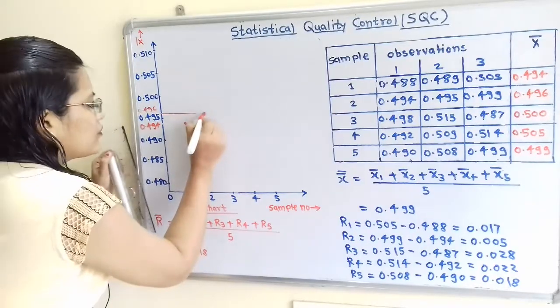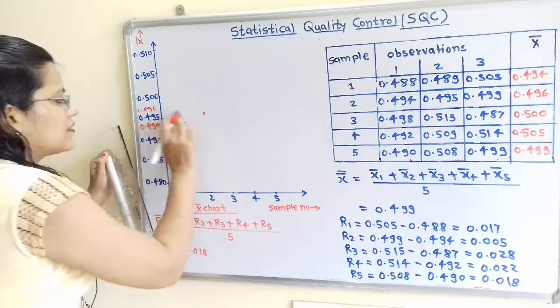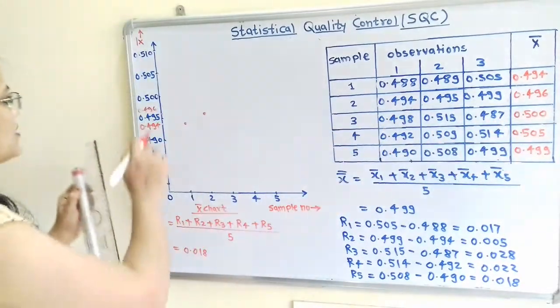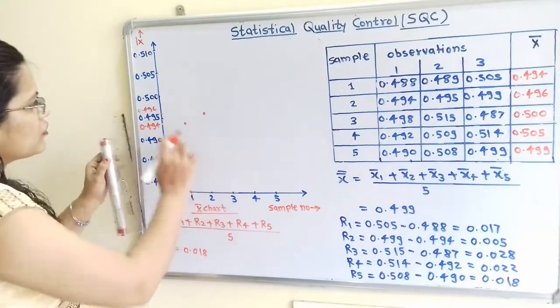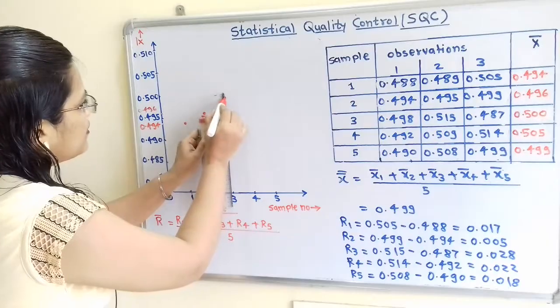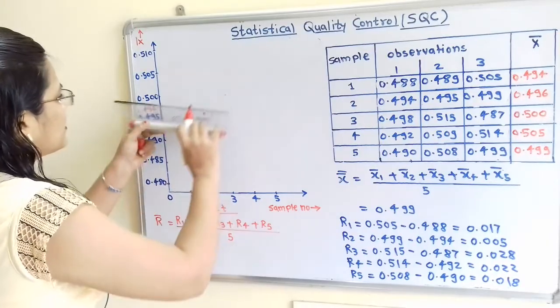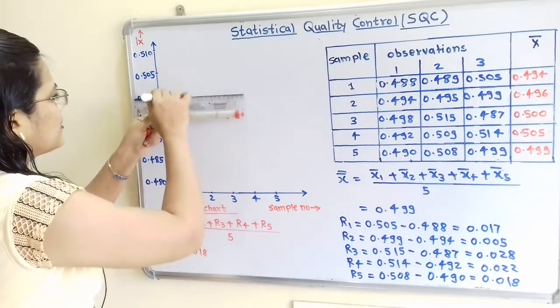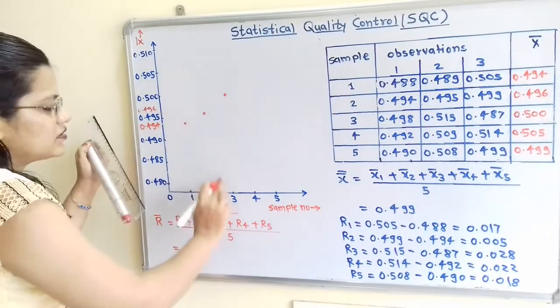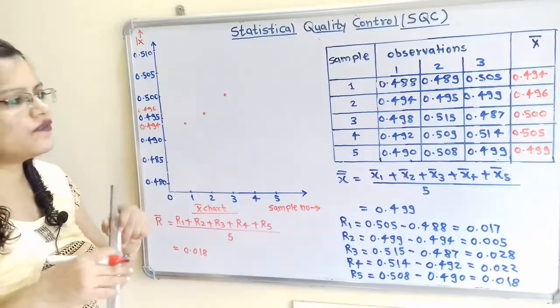So here is the point of intersection. So this is our second reading. Then 0.500. So this is for the third. So here is 0.500. If I take the vertical line and the horizontal line, then this is the point of intersection. So this is the reading for the third sample, that is 0.500.